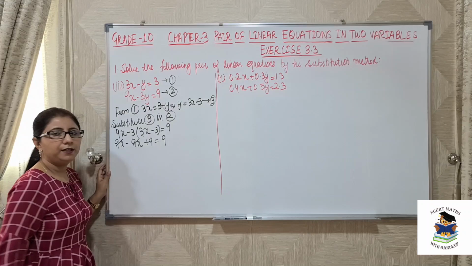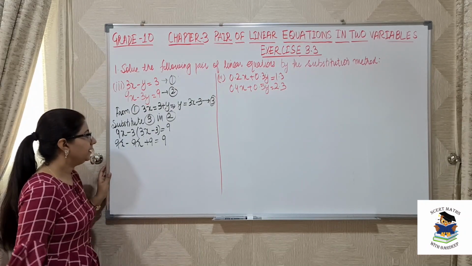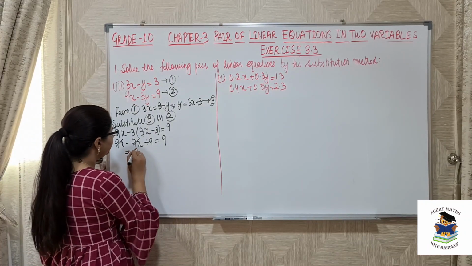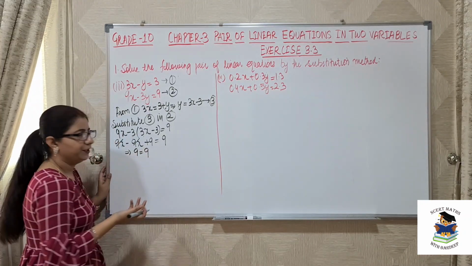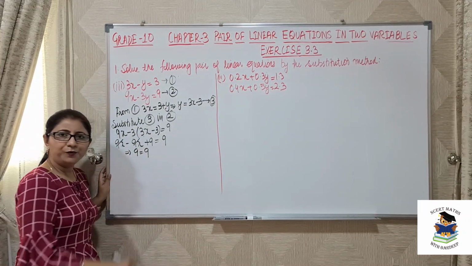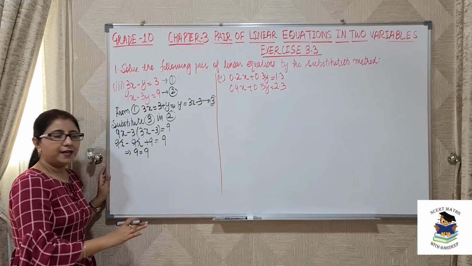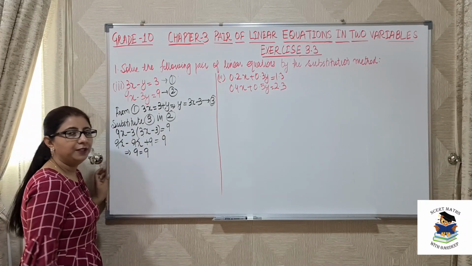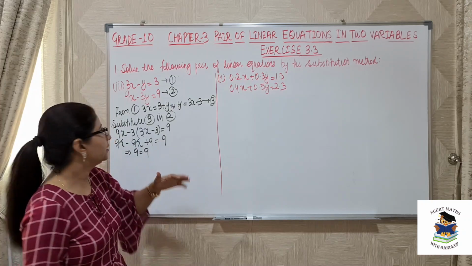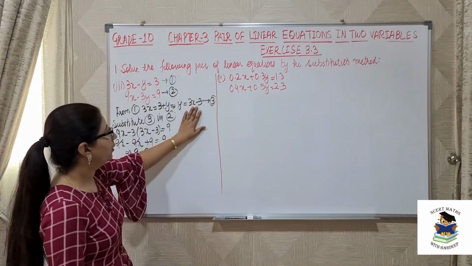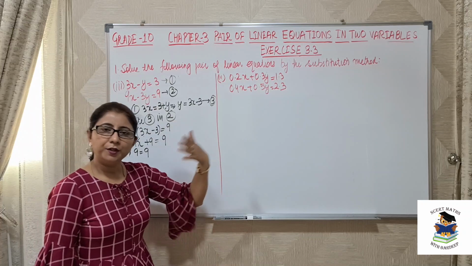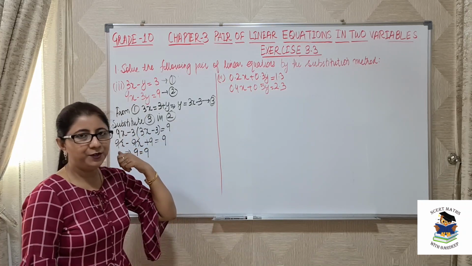So these two are like terms with opposite sign. They are cancelled. And now what is left? 9 equals 9. So now what to do? Which is always true. Okay. So if this is always true, this means that this pair of equations will have infinite solutions, because any value you put for one variable, you can get the corresponding value of the second variable.